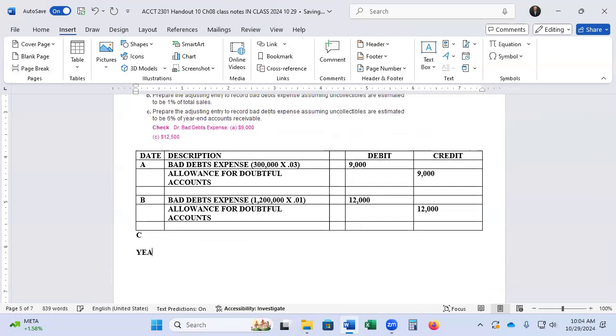So our year-end AR balance equals 125,000. Our estimated bad debts expense percentage equals 0.06.